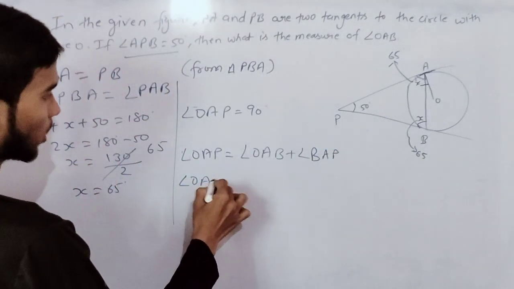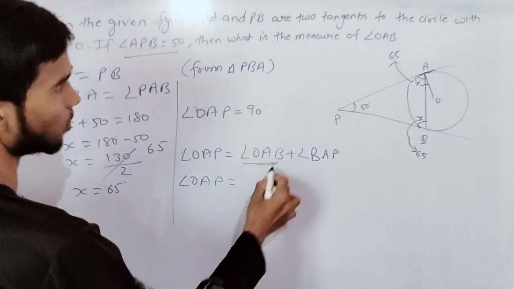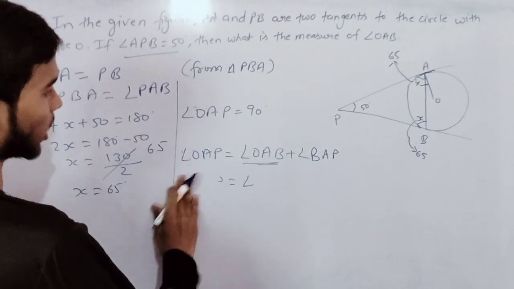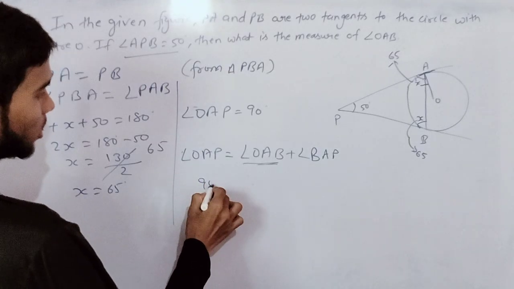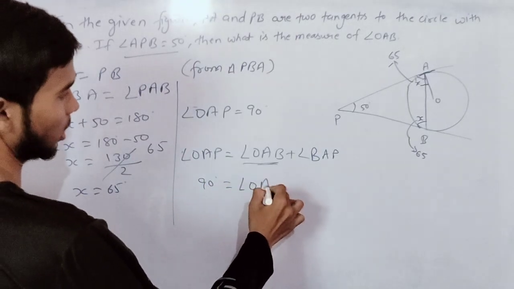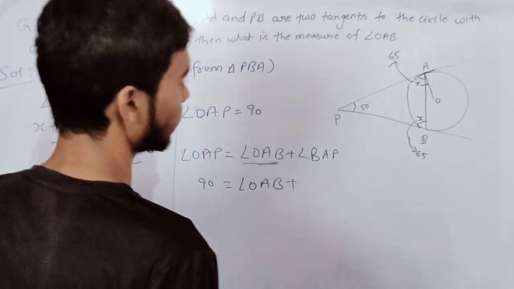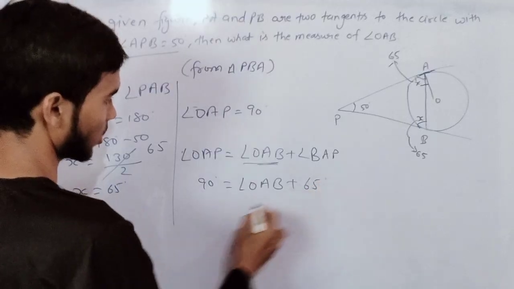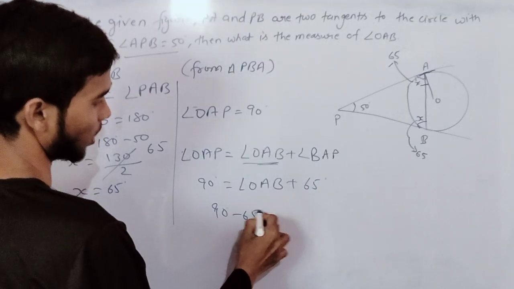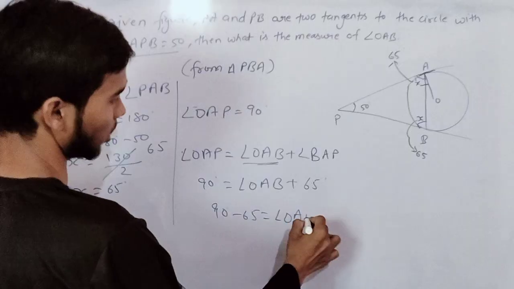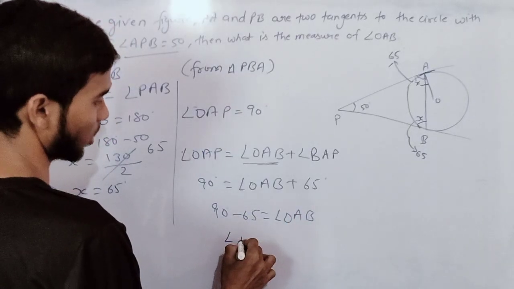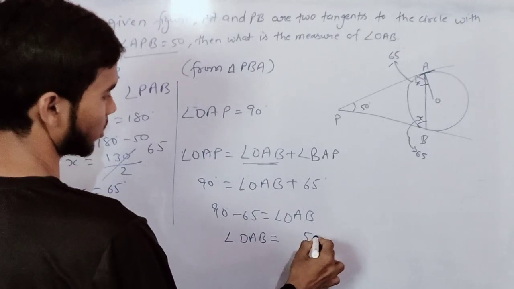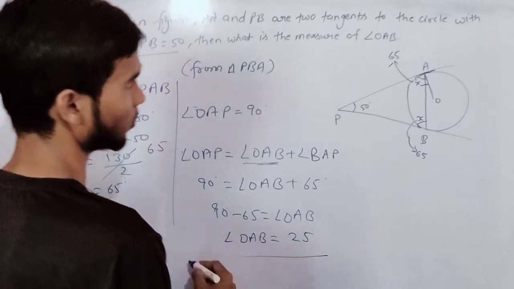So angle OAB is what we have to find, and BAP we know is 65. 90 minus 65 is equal to angle OAB. Angle OAB came as 25.